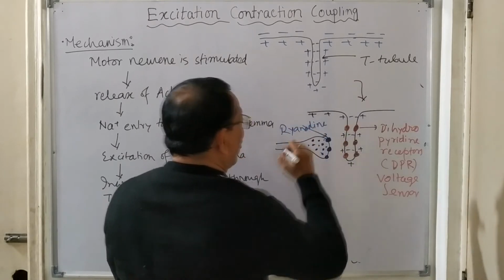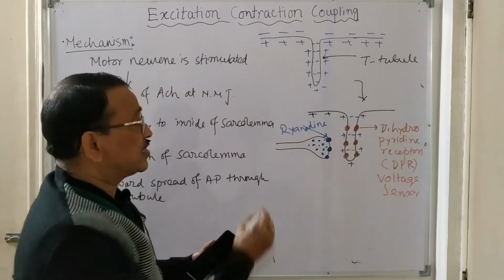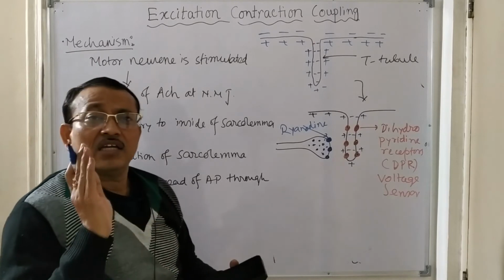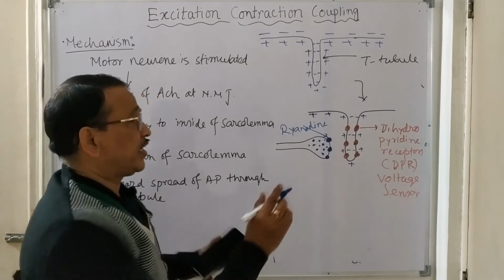And these ryanodine receptors are basically ligand-gated calcium channels.